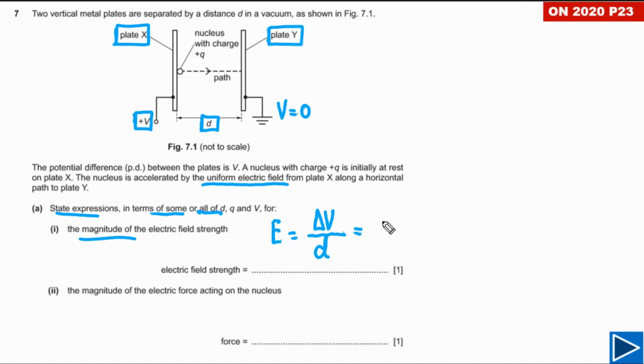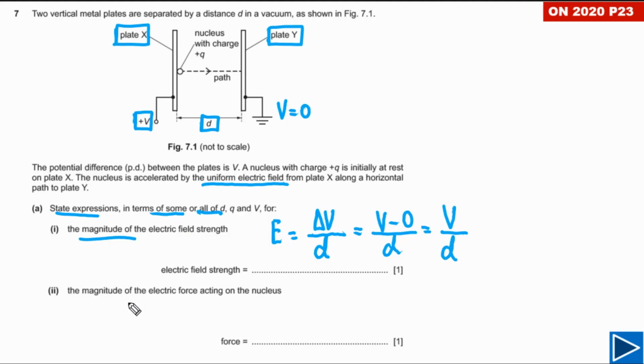The potential difference is V minus 0, divided by the distance between them, D, so it's simply equal to V divided by D. So this is how we can answer part 1.